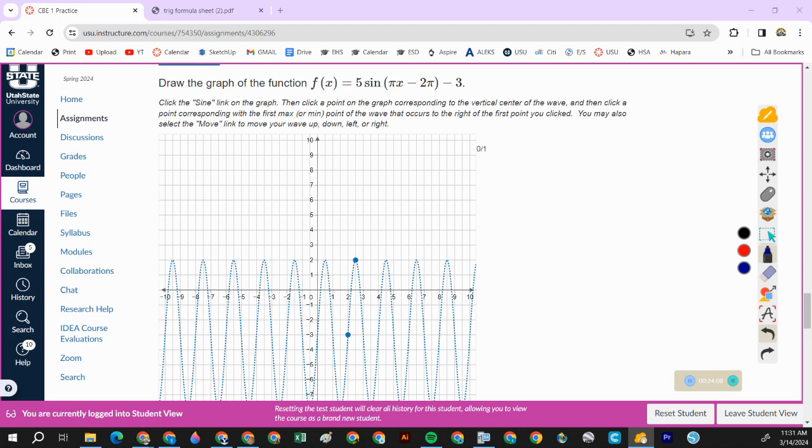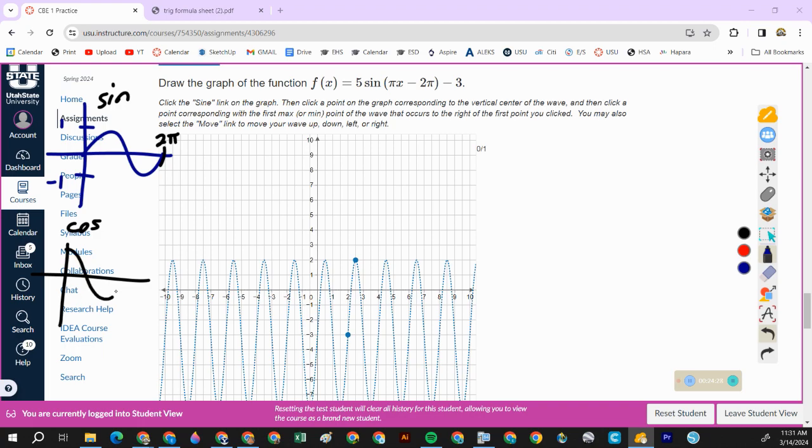In order to figure out what the horizontal shift is, well, let's do this first. Okay, so here is my sine graph. It goes from 1 to -1, and the period is 2 pi. Cosine graph also has a period of 2 pi, but it looks like this, from 1 to -1, and it goes out to 2 pi.